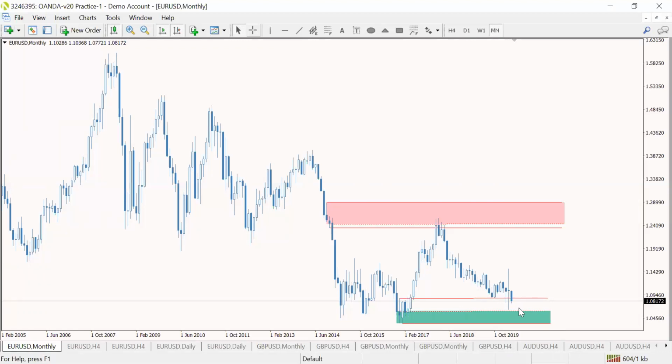Now, as you know, according to supply and demand, on the demand area, you are supposed to do what? To buy the market.